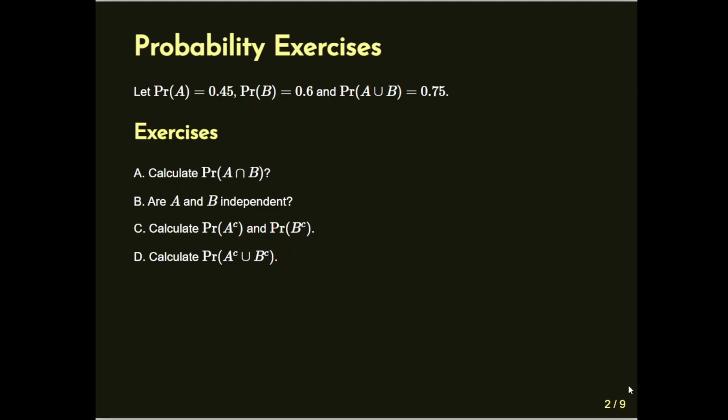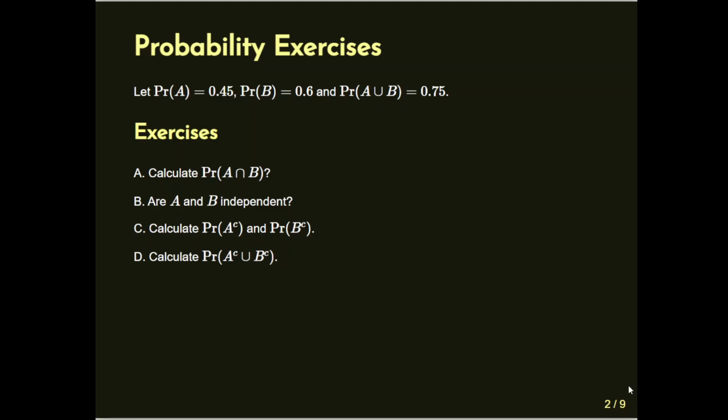So we have probability of A equals 0.45 and the probability of B equals 0.6. And let probability of A union B equals 0.75. So we've got a couple of exercises here. It's a bit confusing that I've indexed them by letters. Let's call them 1, 2, 3, 4. The first two, exercises A and B, calculate the probability of A intersection B and state whether A and B are independent.